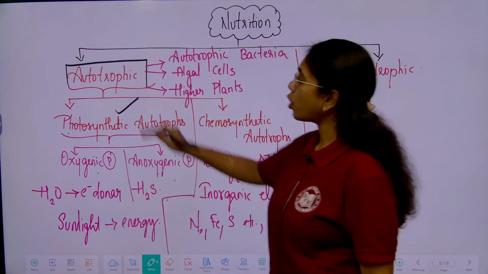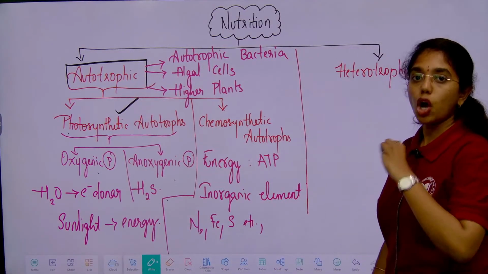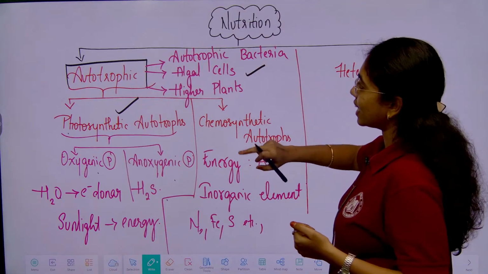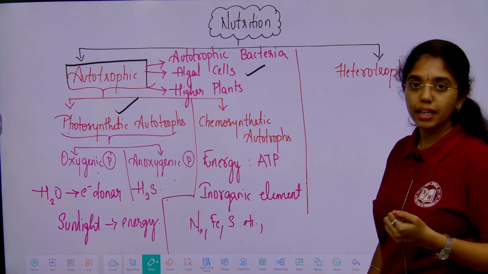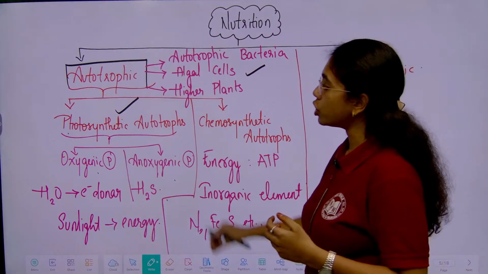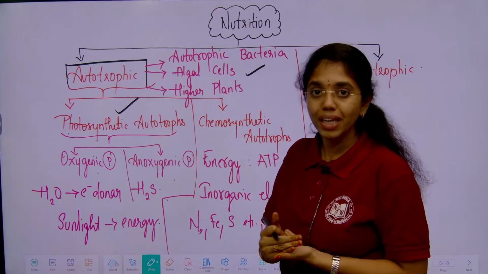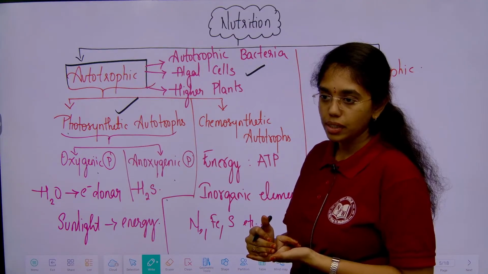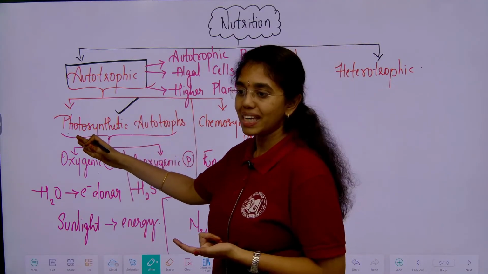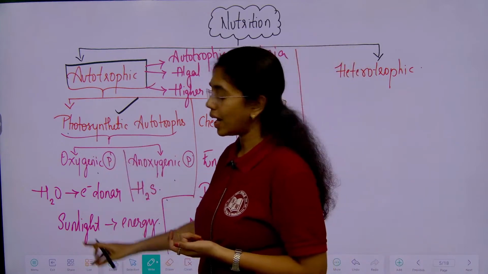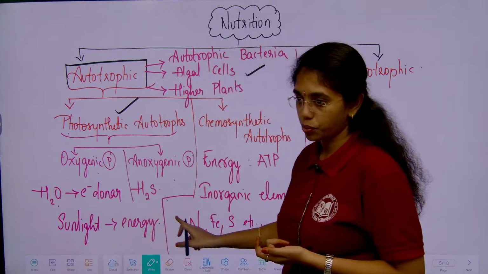So, autotrophic mode of nutrition is operated in higher plants. Along with that, you can also observe in algal cells and autotrophic bacteria. Autotrophic nutrition is operated in two methods based on the energy it is consuming and based on the electron donors. Here the energy consumed is sunlight, ultimate source of energy, and the electron donors include water and H2S.